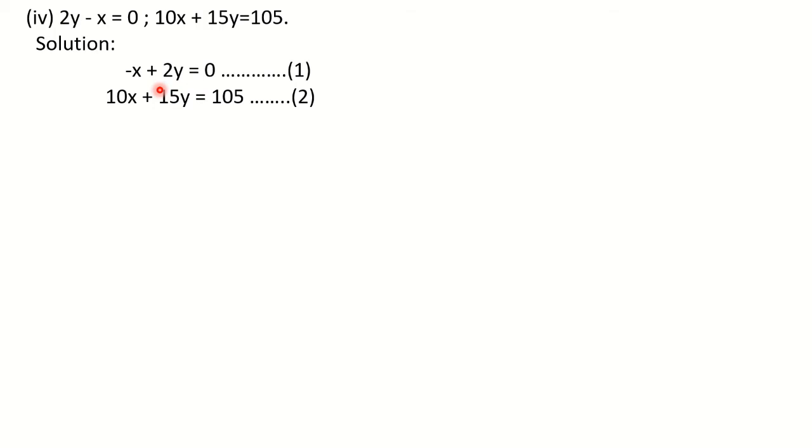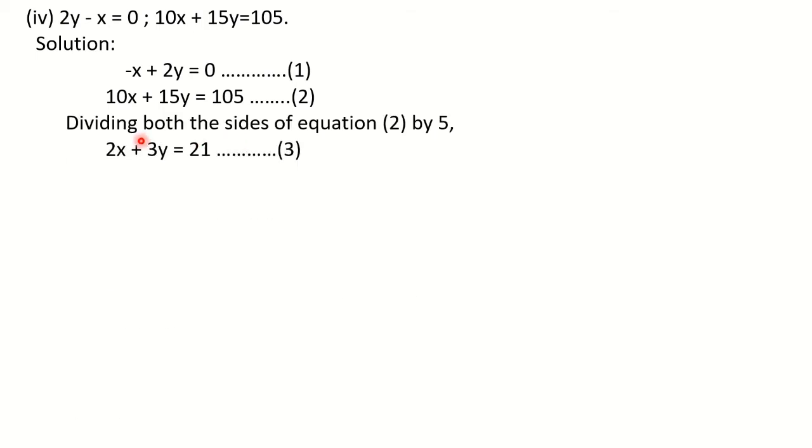That way also it will do. So it is totally your choice. But since it is reducible further, what I have done is divide equation number 2 by 5. When I divided by 5, I got the reduced equation as 2x plus 3y is equal to 21. Because here the numbers are big, so I have reduced it.